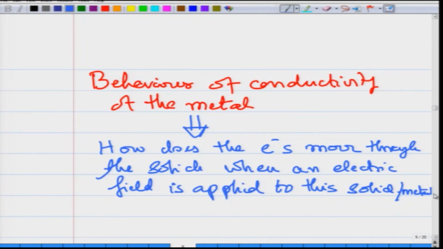So, the question was that you have electrons inside the metal which are the charge carriers. How do these electrons actually move through the metal? Can we understand that?